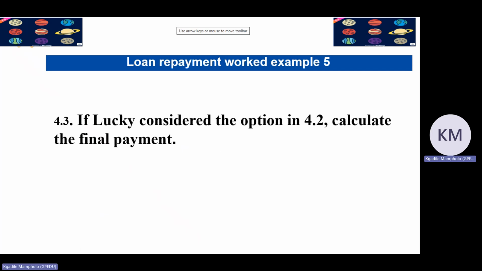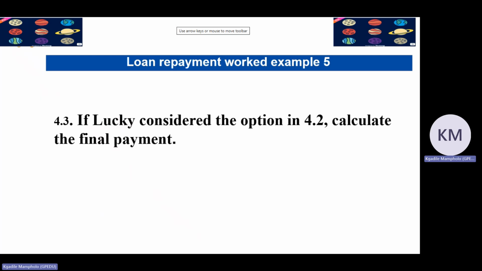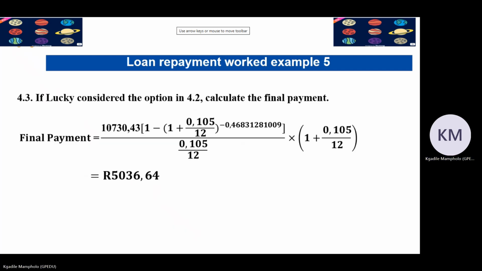Now, if Lucky considered the option in 4.2, calculate the final payment. Since we got the answer there, if you go back to this one, it was a decimal. Now, when you calculate the final payment, you still use the present value formula, but your n will be 0, comma the decimal you got when you calculated n.